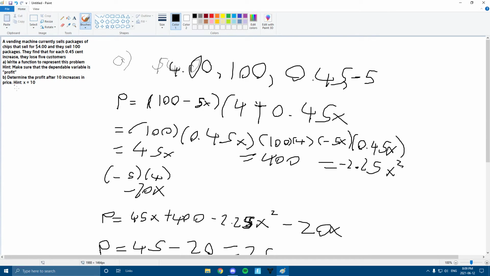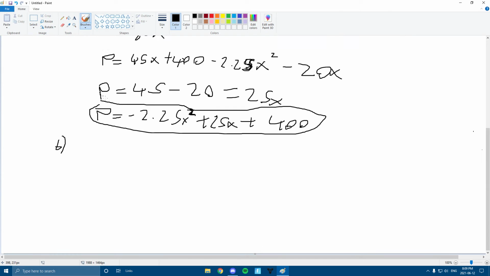The hint is also that x is equal to 10. All we have to do in this situation is write down this equation: negative 2.25x squared plus 25x plus 400.